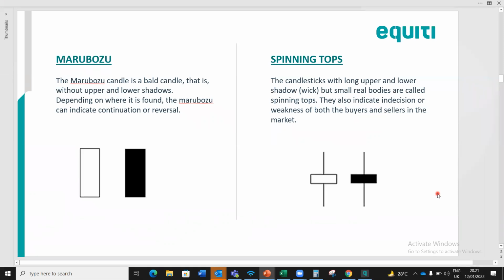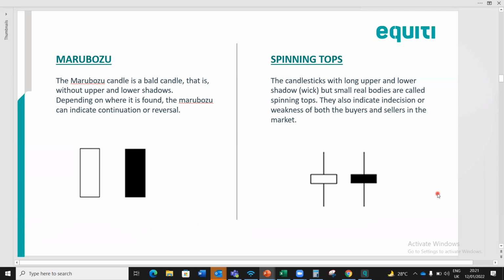For the doji, the close of the candle is almost the same as the opening, so it has a very tiny real body. But in the case of spinning tops, the closing price is still close to the opening price, but at least it has a body. There's a real body, but it is pretty small.